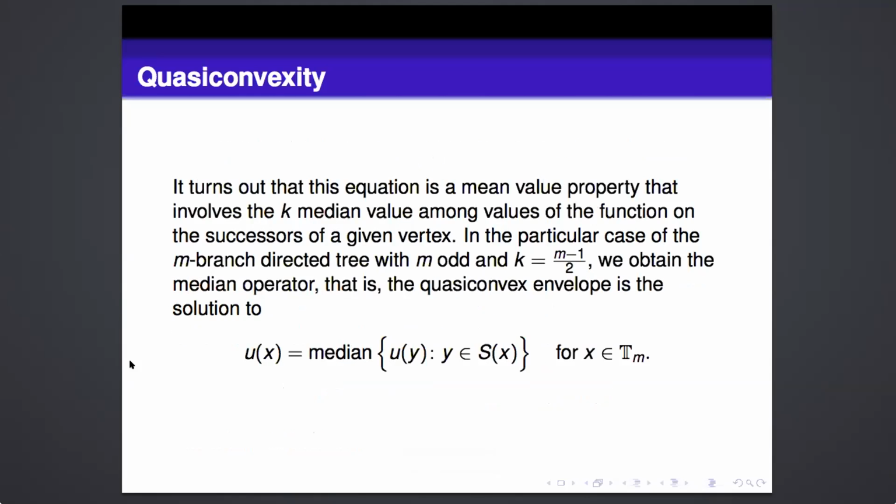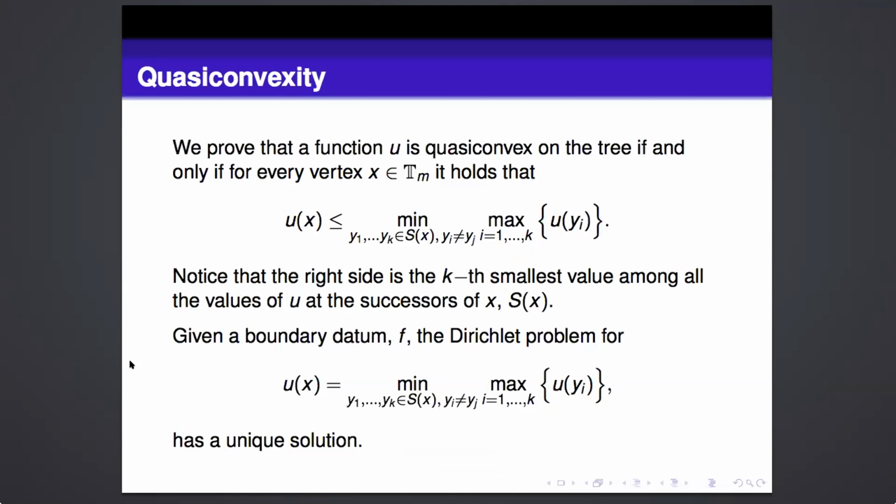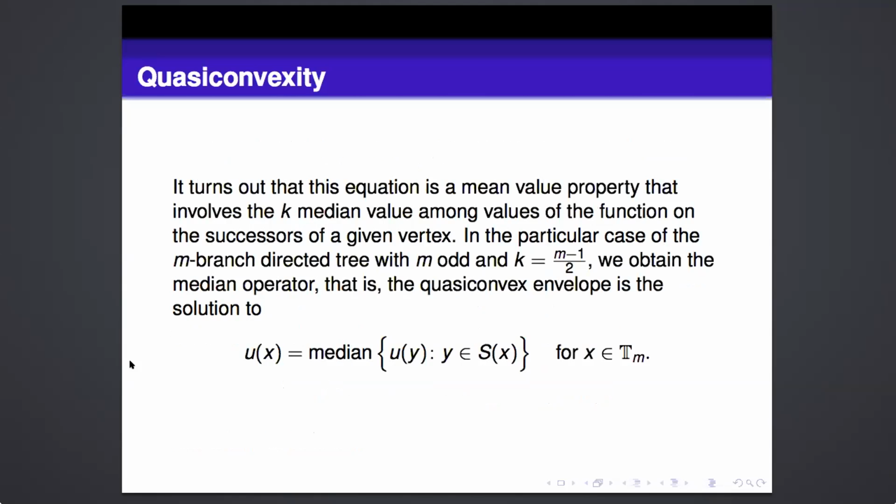Okay, what is this equation? This equation that we saw before, this min-max, you can see it in this way. If the number of successors of each node is, let's say, 3, for example in the ternary tree, and you take k equals 2, then it is the median value.